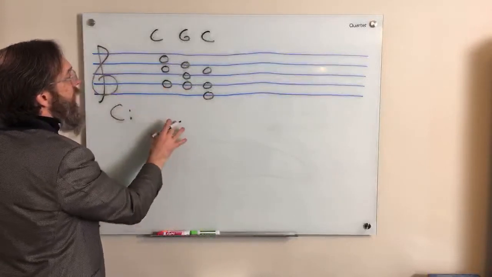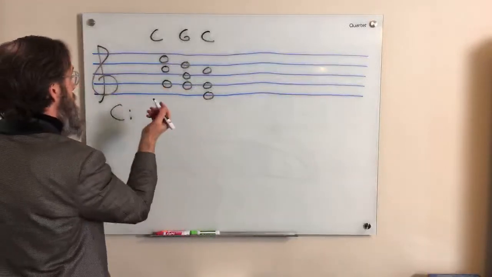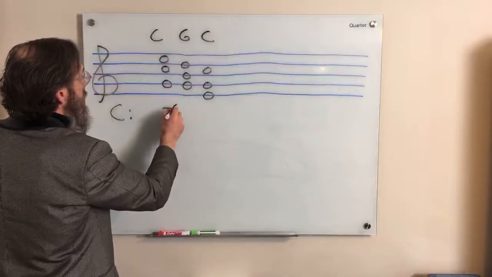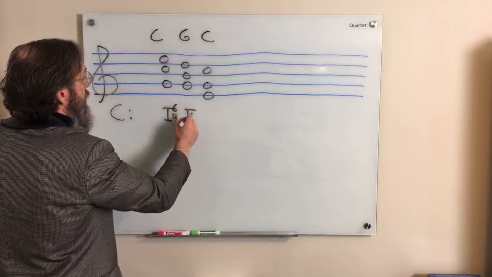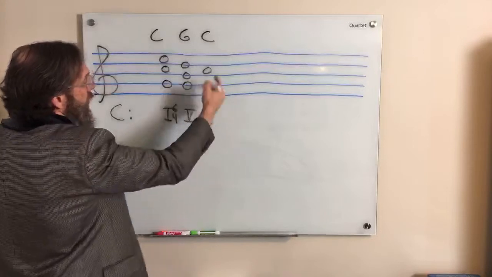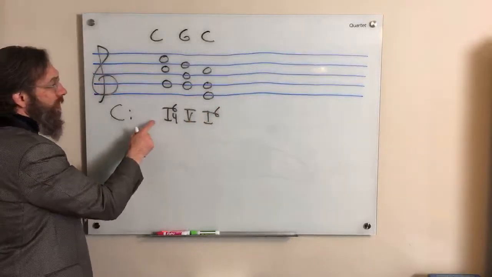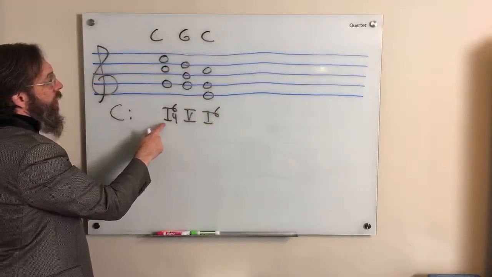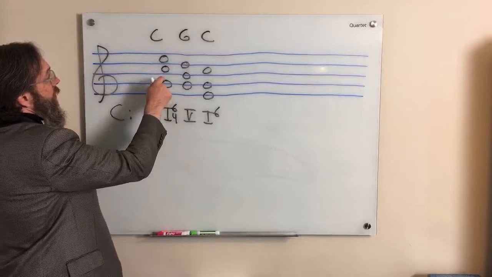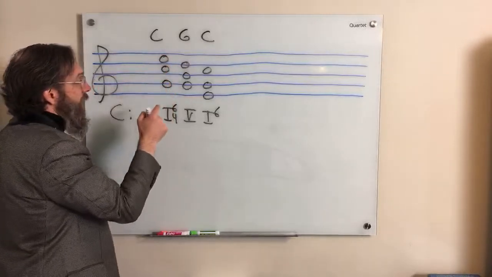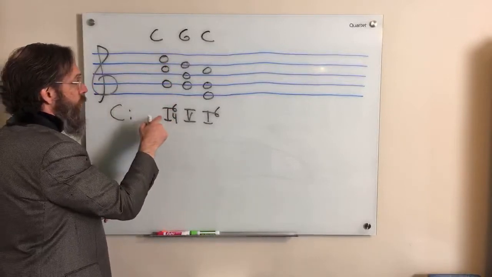There are two ways that this would be analyzed in music theory textbooks. One is to call this a I 6/4 chord to a V chord, and if we use this as an inversion, I 6/4, V, I. Okay? So with this analysis, they're saying that C, E, G with G as the lowest note is a second inversion I chord.